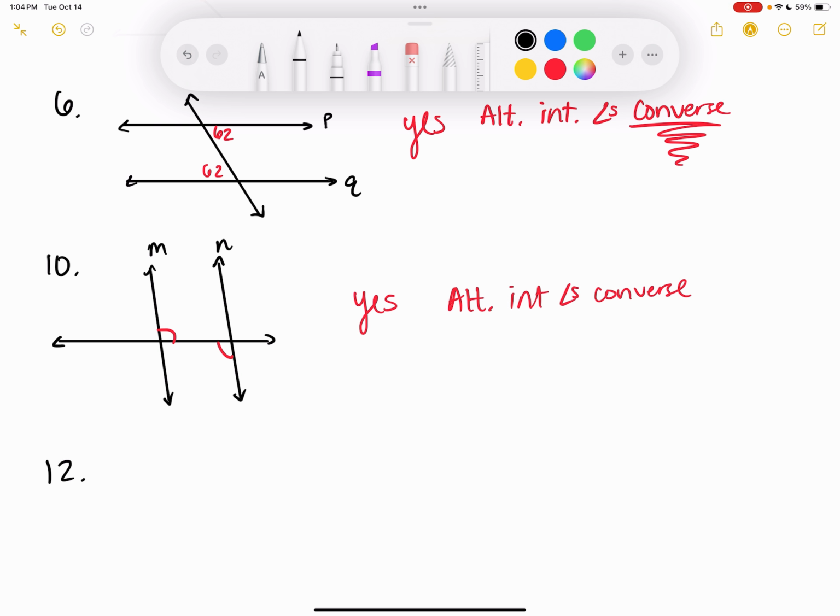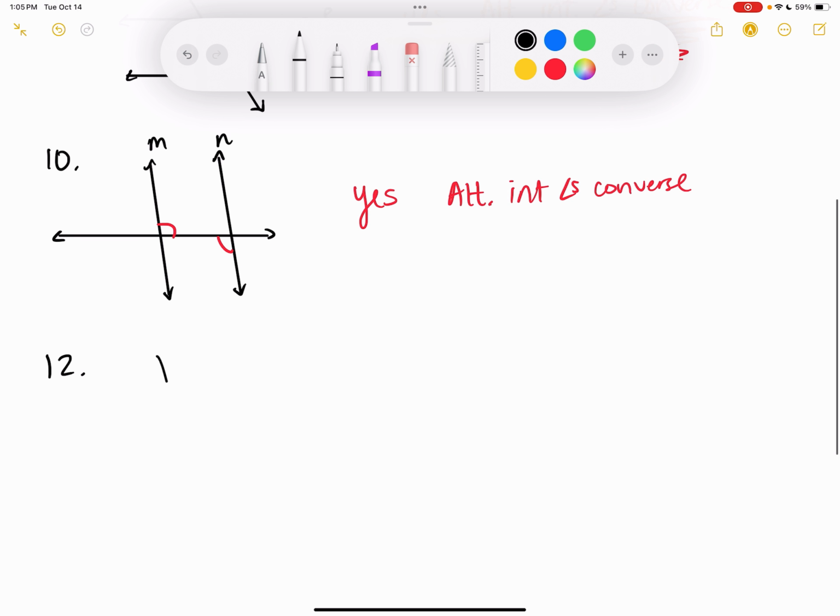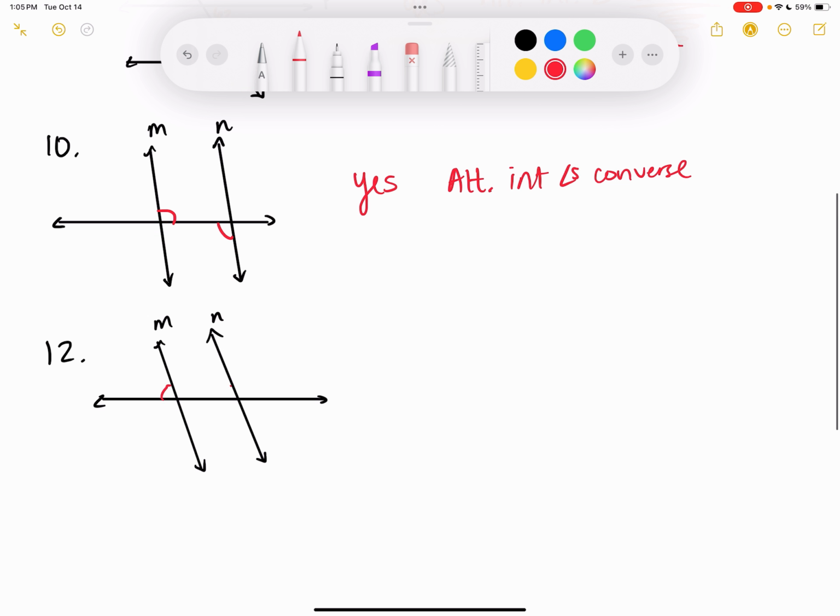Number 12. On this one, they give us these two angles.